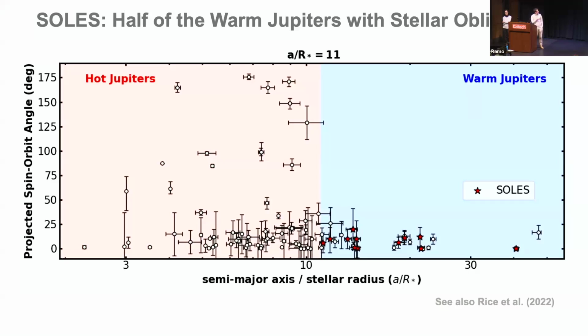This boundary basically controls whether tides can happen or not, so we use that boundary as a criterion to distinguish warm and hot Jupiters. Does that boundary vary by stellar mass or anything like that? Basically, it depends on the separation between the star and the planet, and also the planetary radius. Okay.